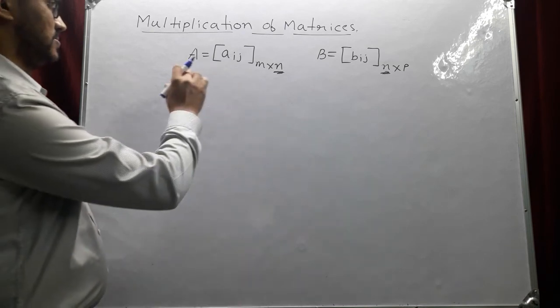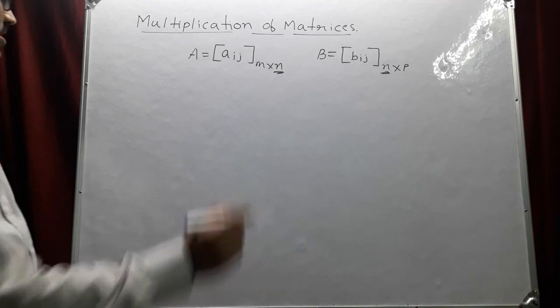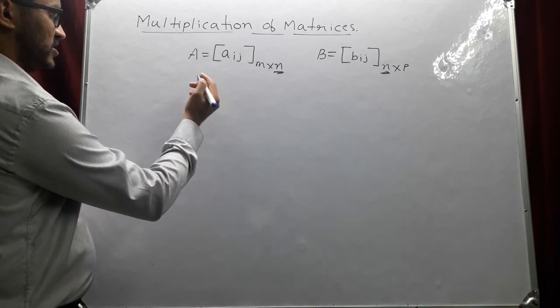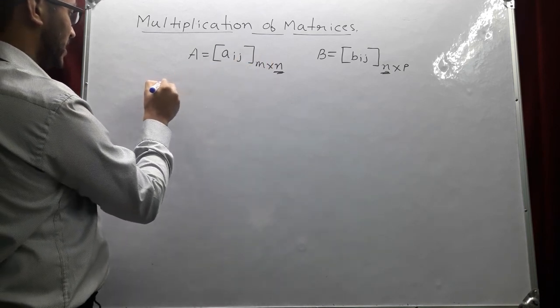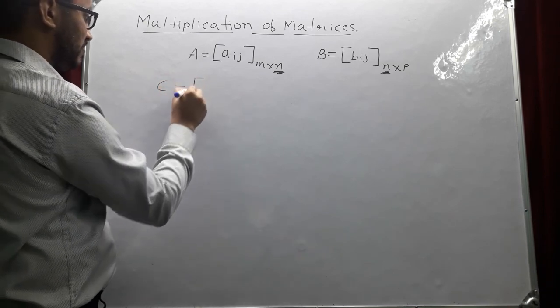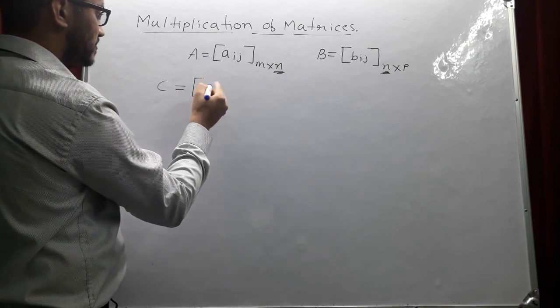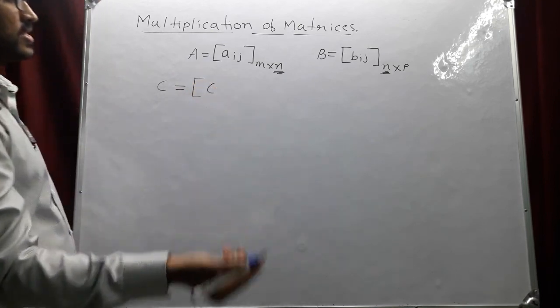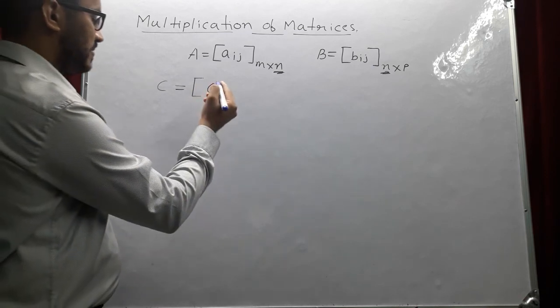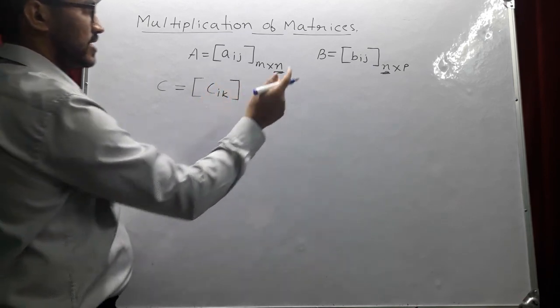So we will get the product of the matrices A and B. Let us take the product of the matrices A and B as C, and its element will be Cik.